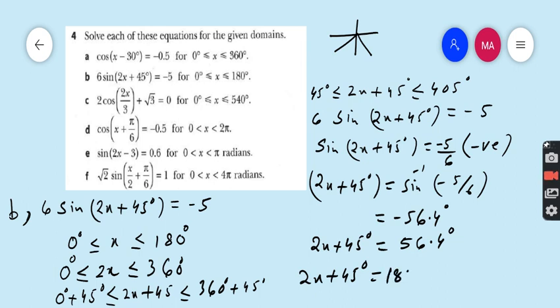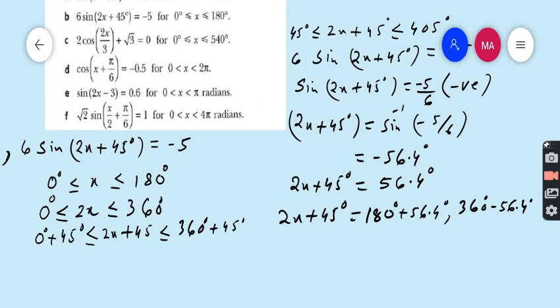So for third quadrant we must add 56.4 to 180, and for fourth quadrant we must subtract this value from 360 degrees. 2x plus 45 degrees is equal to, the first answer is 236.4 degrees, and 360 degrees minus 56.4 is 303.6 degrees.